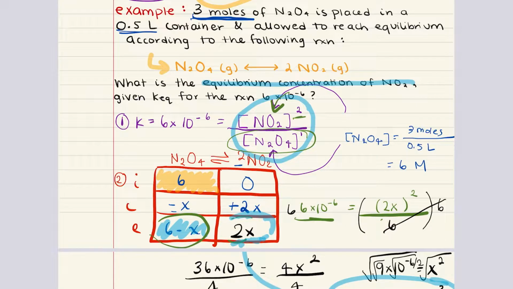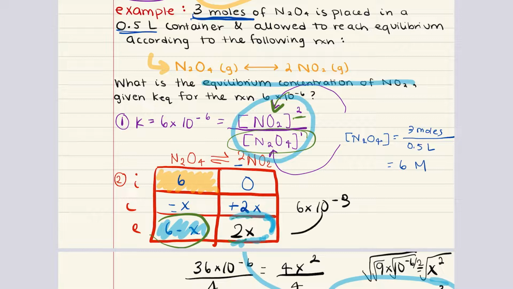So we're going to have to multiply x by 2 to get our final answer for the equilibrium concentration of nitrogen dioxide. Now, 2 multiplied by 3 times 10 to the minus 3 is just 6 times 10 to the minus 3. That is our equilibrium concentration of nitrogen dioxide. And with that, we have solved the problem.